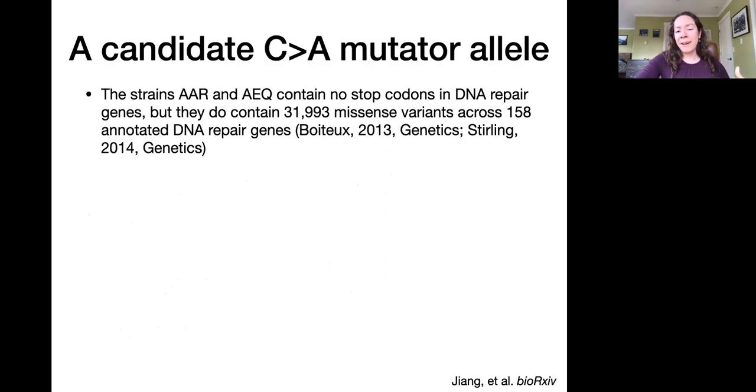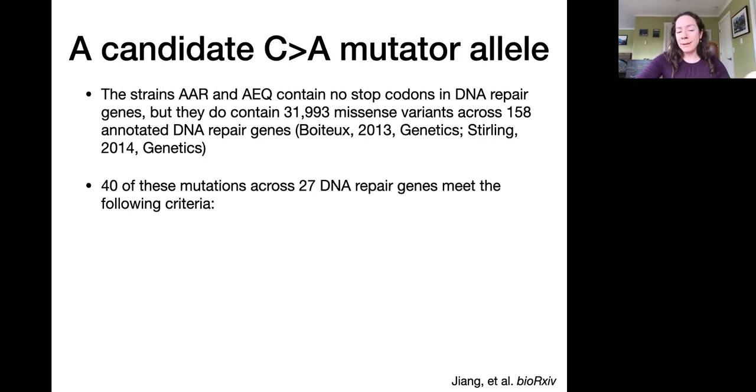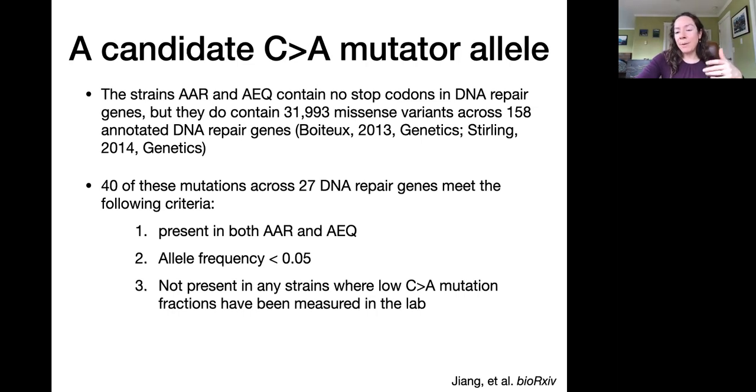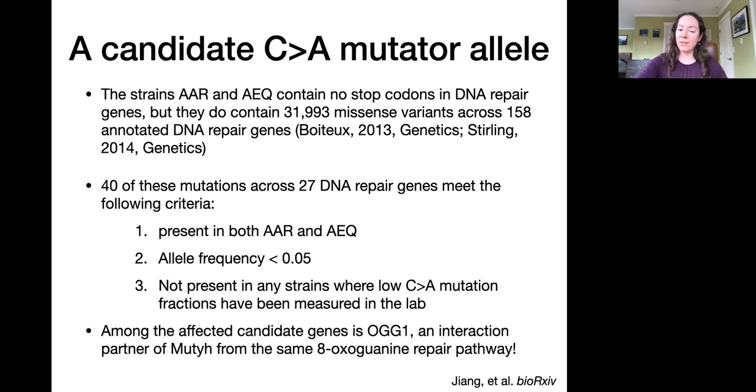So we're still trying to verify whether this mutation is in fact responsible, but basically we went through and annotated what are the variants in DNA repair genes common to AAR and AEQ, and how many of them meet the criteria of being present in both of these, having relatively low allele frequency, and not being present in any of the strains that we measured to have normal C to A mutation fractions. And yeah, one of the only genes meeting this criteria is OGG1, which is also the one expected to have this C to A signature.